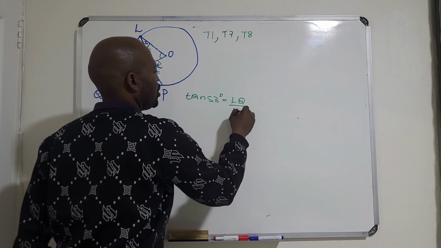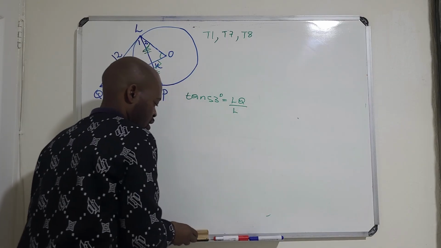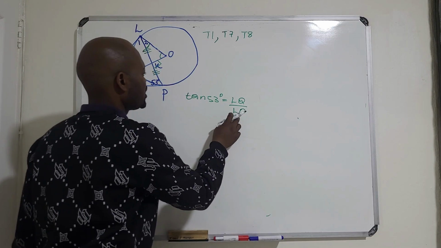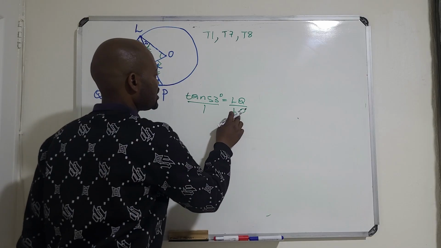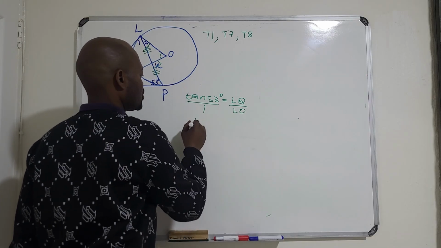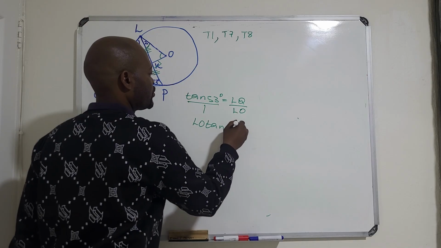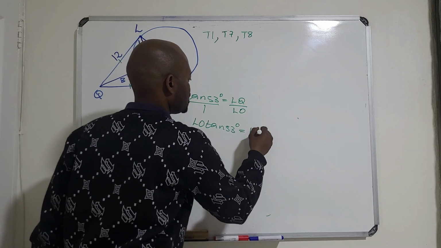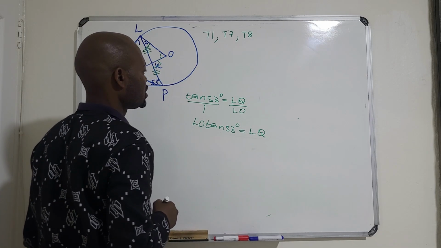LO, sorry, let me fix that. For us to find LO, this is over 1. Multiplied out, LO tan 53 degrees equals LQ.